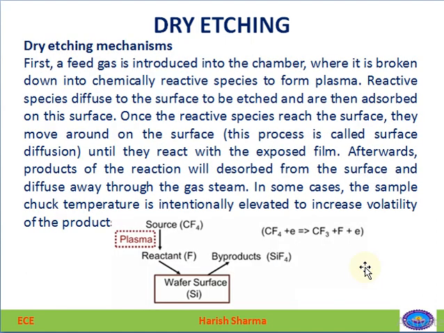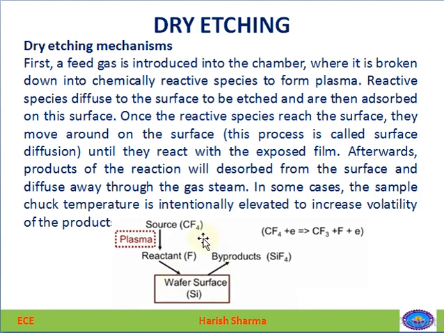The mechanism for dry etching is, first, the feed gas is introduced in the chamber, then it is broken down into chemically reactive species to form the plasma with the high RF field. The reactive species diffuse to the surface to be etched and are then absorbed on the surface.